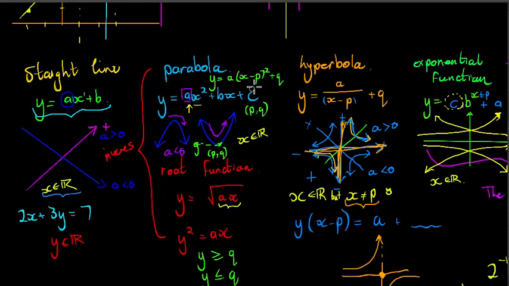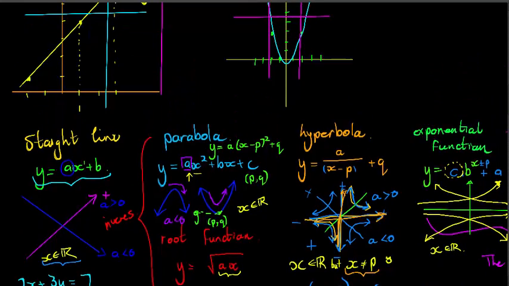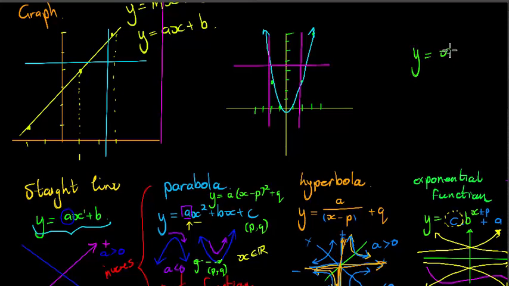Okay. Now if we go to this function, it also makes sense because x minus p squared is always positive. So I can't just put any value there. For example, if I had y is equal to x squared, my turning point is 0, 0. Because there's nothing subtracted from the x, p is 0. There's nothing added outside, so q is 0. So that's my turning point.